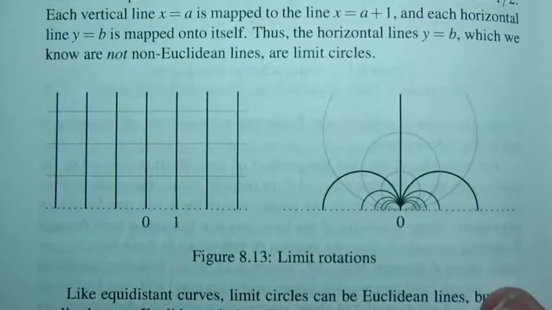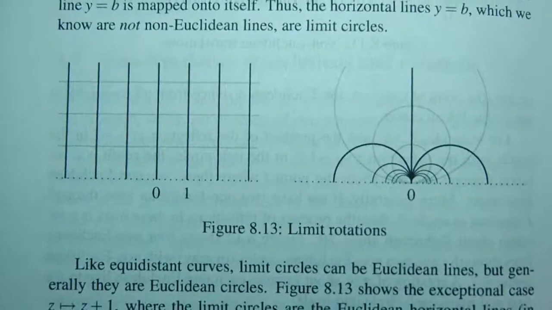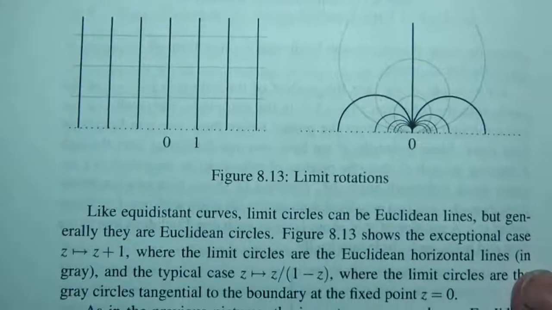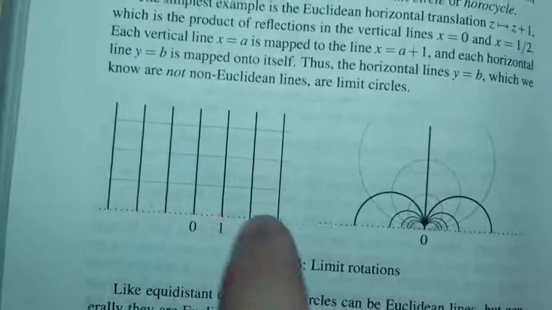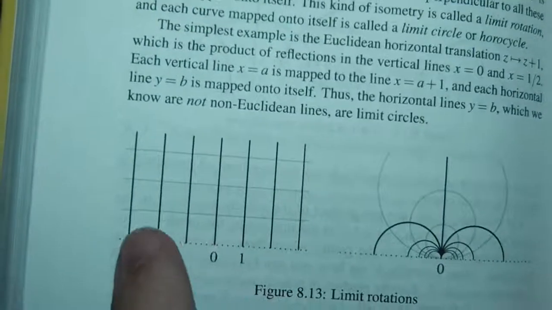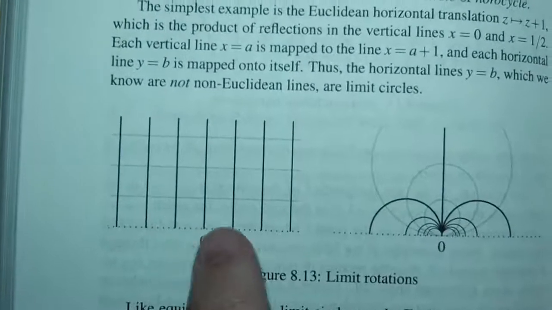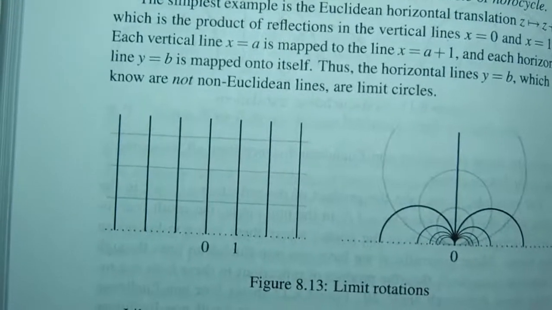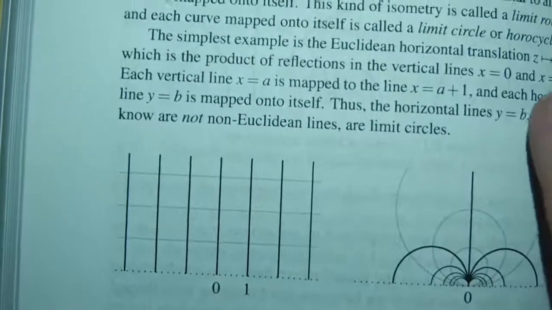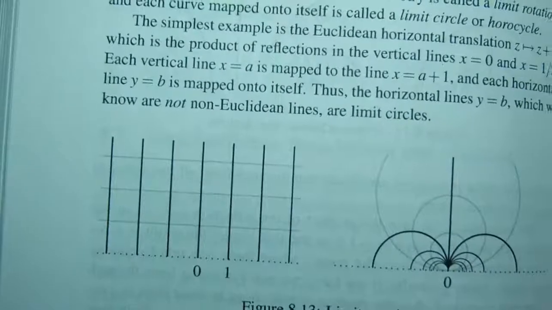This is what the picture looks like for these limit rotations. My vertical lines here are translated versions of each other, and these light gray lines are the limit circles, or horocycles, in this case.